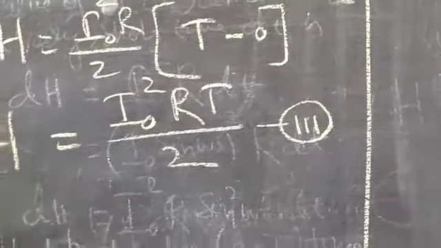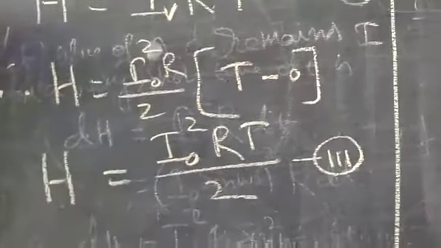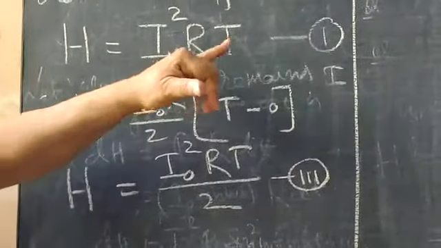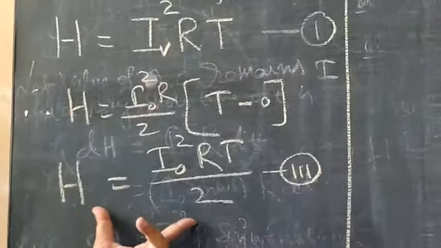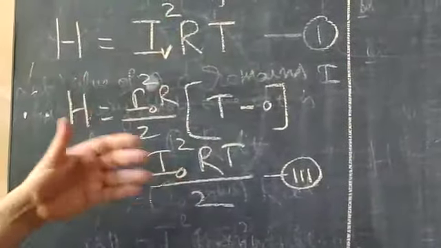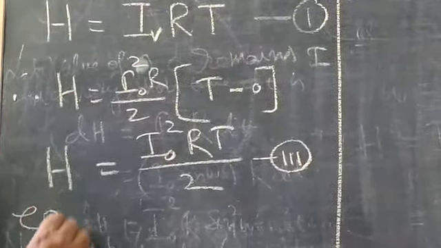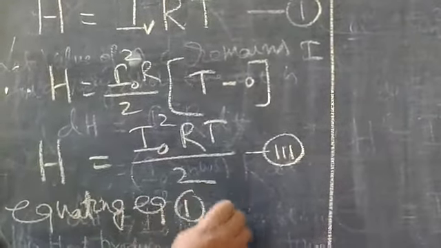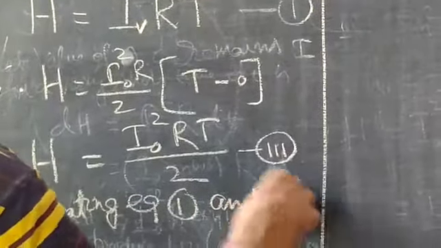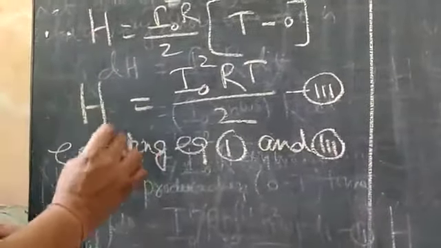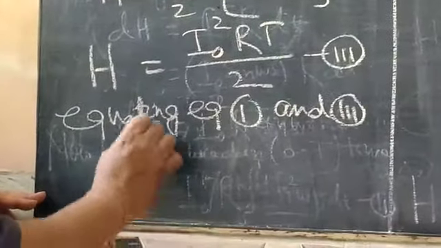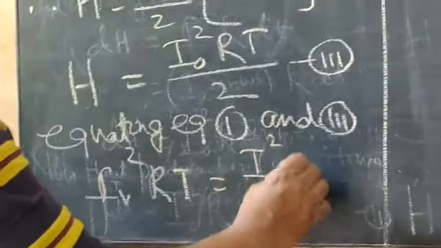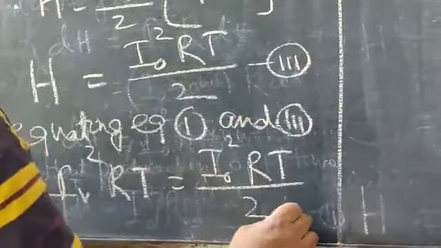Now by definition, the heat produced by DC in a resistor R in time T and the heat produced by AC are equal. Therefore, equating equation 1 and 3, we get IV square RT equivalent to I naught square RT upon 2.